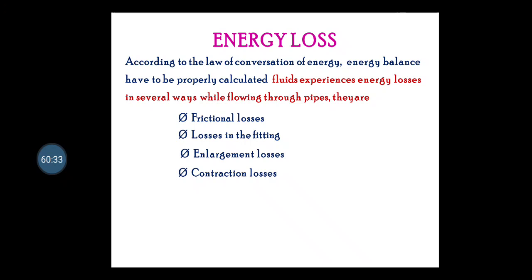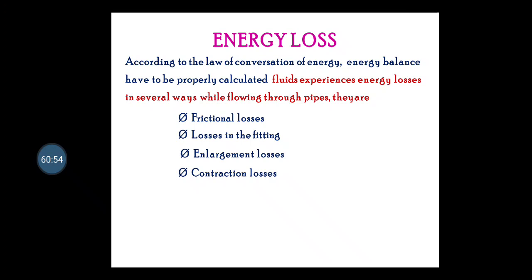Next is enlargement losses. If the cross section of the pipe is increased or decreased gradually, then the fluid adapts itself to the changed section without disturbances, and there will be no energy loss.